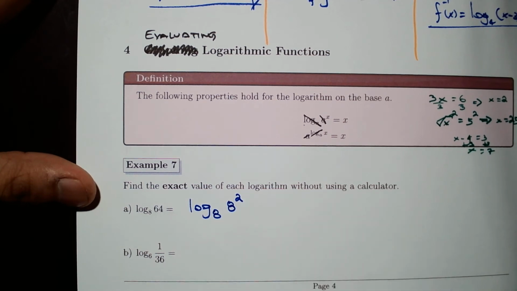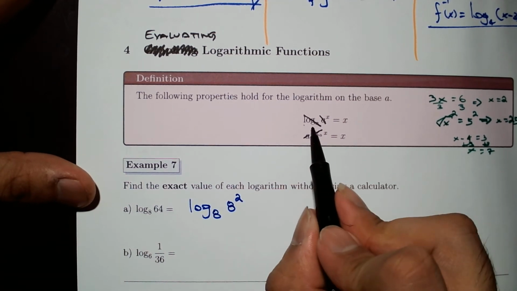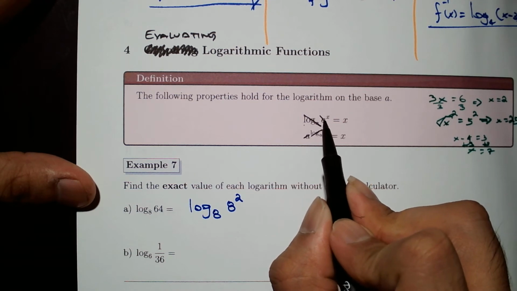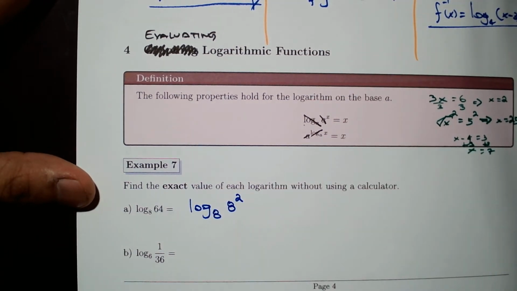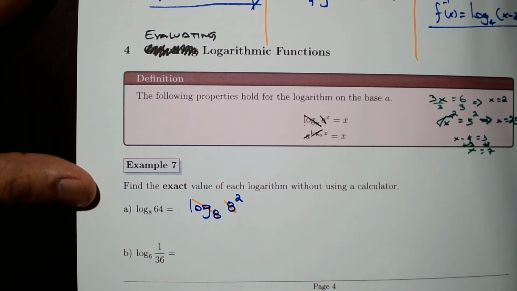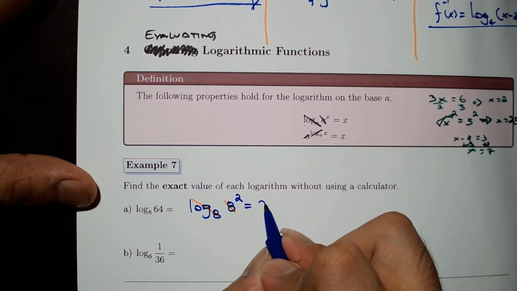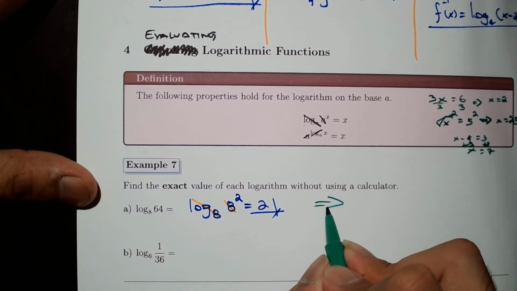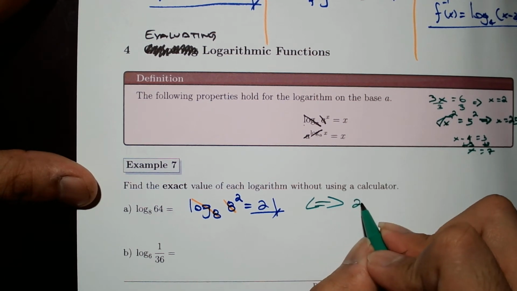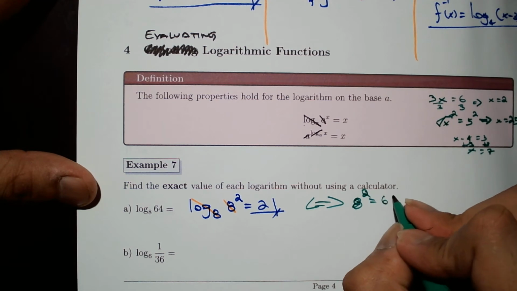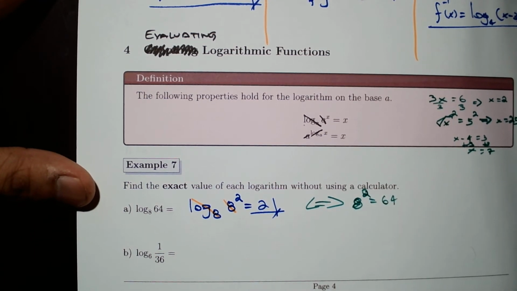So we are going to use the first property, log base a of the exponential a to the x, and cancel each other. So log base 8 cancels this 8, and this equals 2. And if you want to stick with the definition, this is because 8 to the second equals 64.